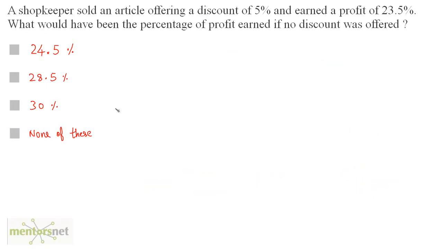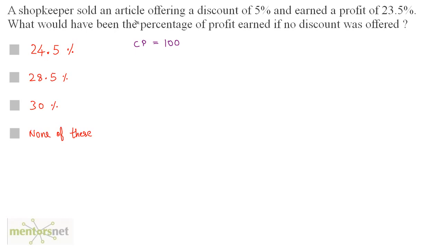A shopkeeper sold an article offering a discount of 5% and earned a profit of 23.5%. What would have been the percentage of profit earned if no discount was offered? First of all, we will consider the cost price of an article is equal to 100 rupees.